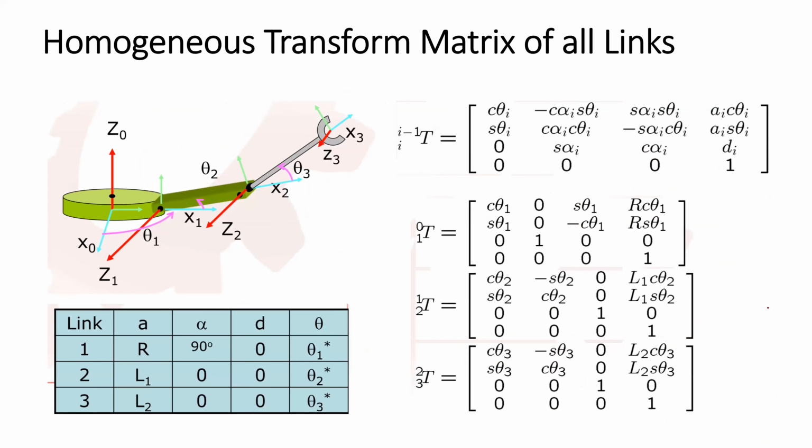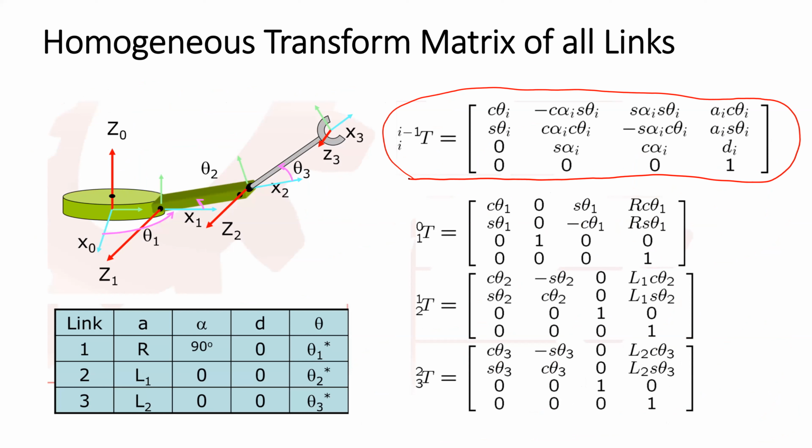How about the other frame? Yeah, we know that for the neighboring frame, the homogeneous transform is described by this matrix.